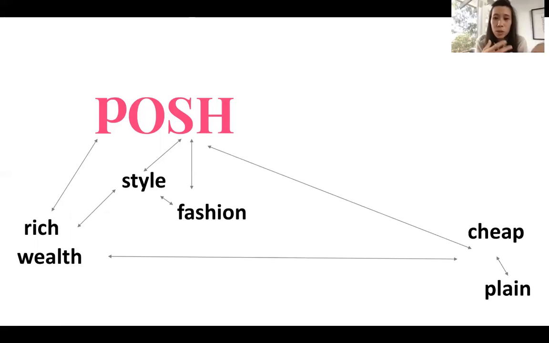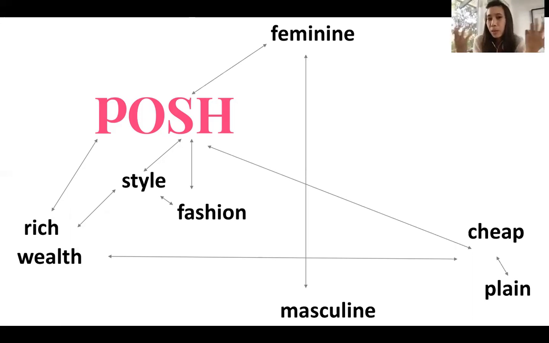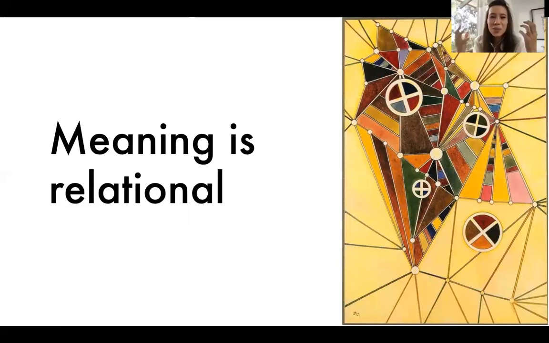And rich or wealth in turn get their sense of meaning perhaps from being distant to words like cheap or plain. When thinking about the word posh, some of us may also consider it to have slightly more feminine connotations, and feminine gets its meaning, if you like, from being to some extent on the opposite spectrum of the word masculine. This musing highlights that meaning in a sense is quite relational.